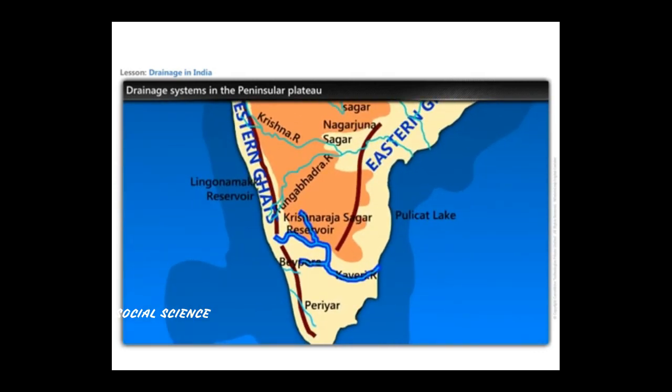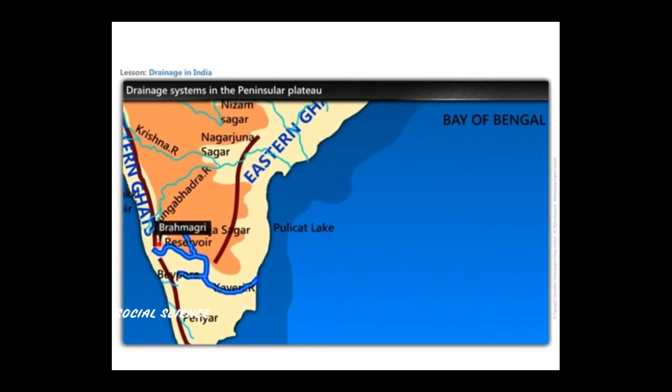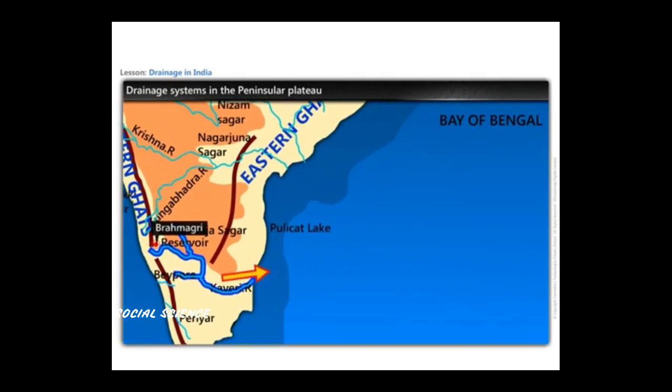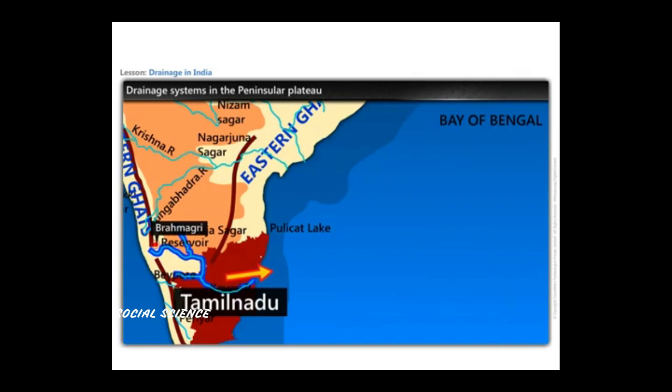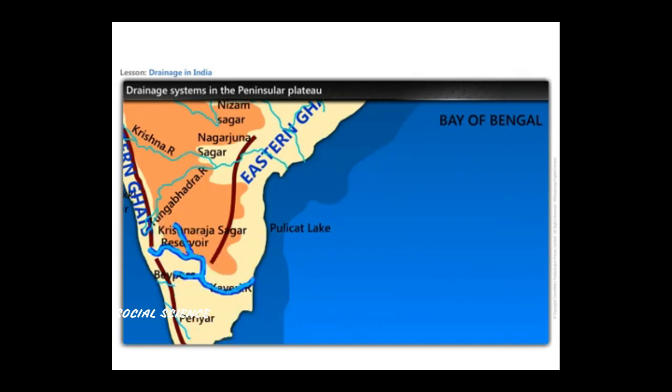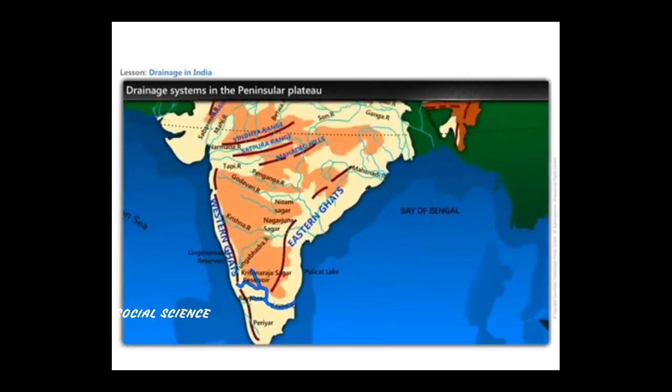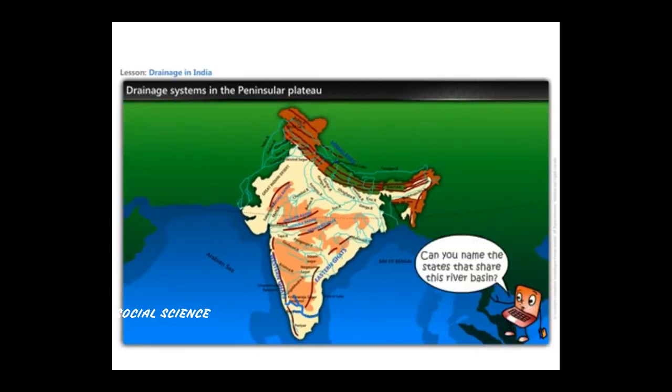Another major river, the Kaveri, rises in the Brahmagiri range of the Western Ghats, and it reaches the Bay of Bengal in south of Cuddalore in Tamil Nadu. Total length of the river is about 760 kilometers. Can you name the states that share this river basin?